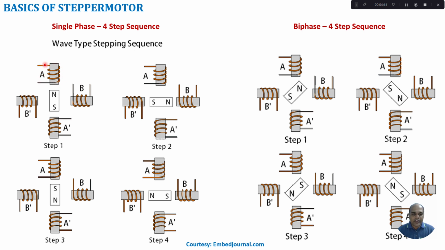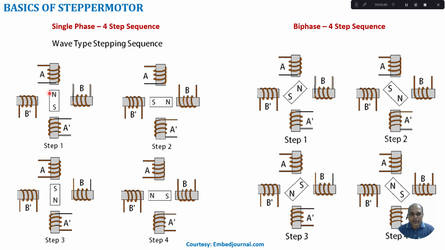Let us assume the current is going to flow from top to bottom. Thereby the magnetic field will be induced from bottom to top. Then the rotor will get aligned to this magnetic field. Let us assume the rotor has the north pole on top and the south pole on the bottom. Next we will excite the coil B. Again, from right to left the current starts flowing, so the magnetic field will be from left to right.